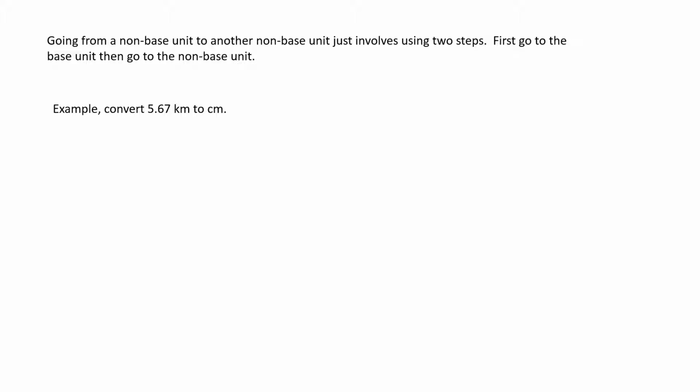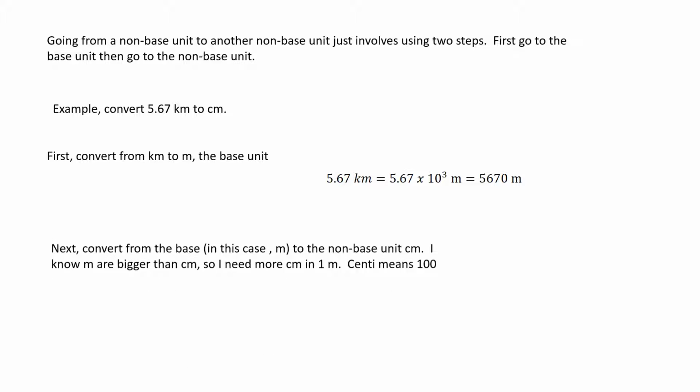For example, convert 5.67 kilometers into centimeters. First I convert kilometers to meters, the base unit. 5.67 kilometers, I replace the K with the appropriate power, that's 10 to the third, so it'll be 5.67 times 10 to the third meters, or 5,670 meters.